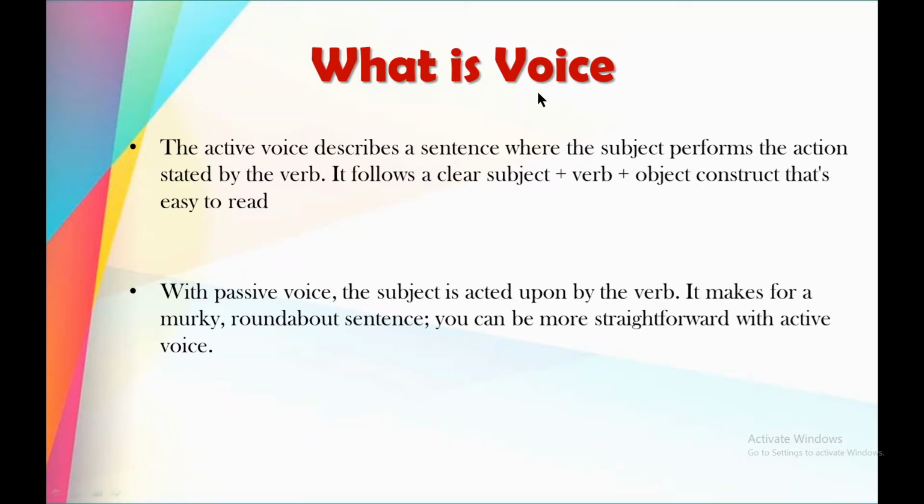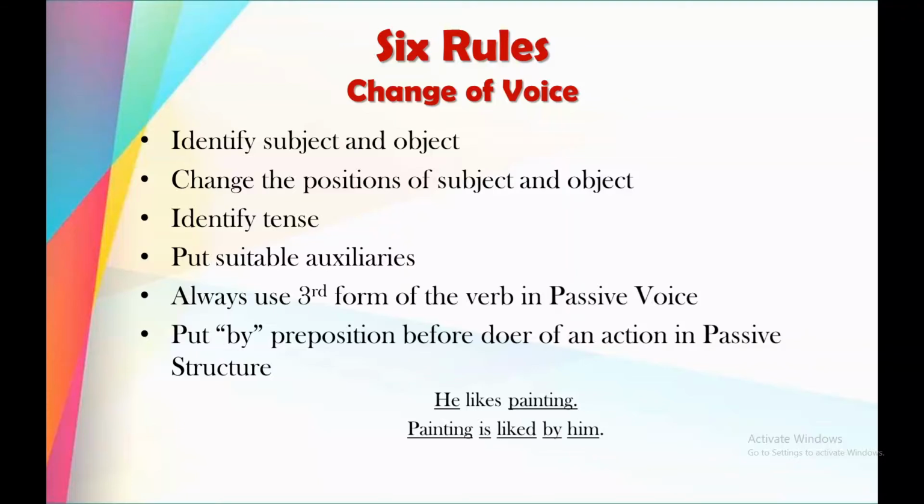What do we mean by this? I mean that in active voice sentences, subject is the most important part of the sentence, and in passive voice structures, the object remains the most important part of the sentence. So this is what voice is all about: 2 types of voice, active voice and passive voice.